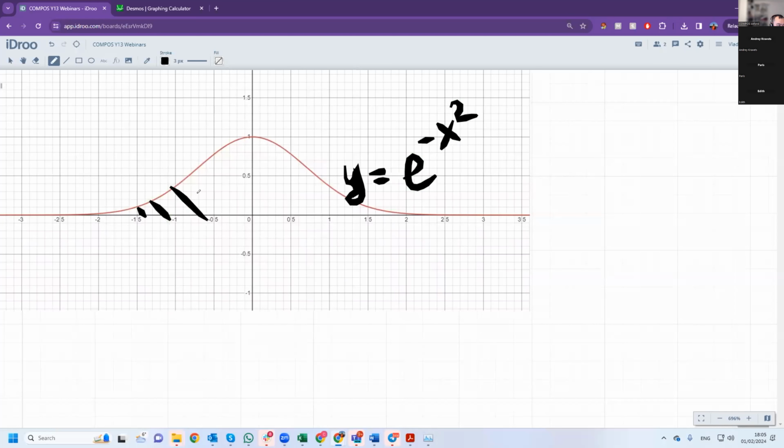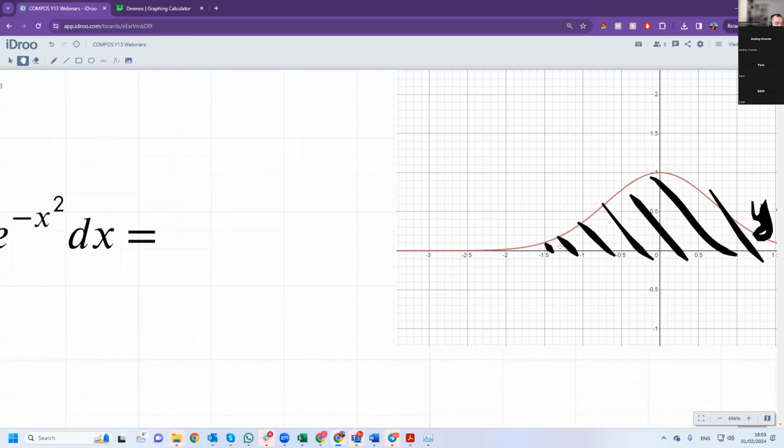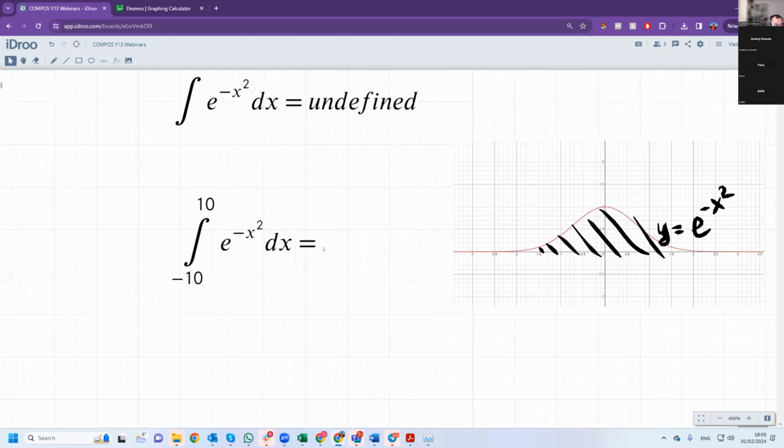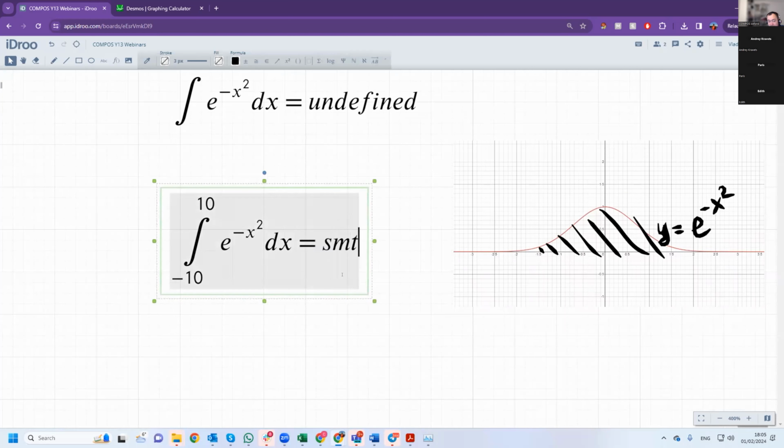It definitely has a finite area. Therefore, when I write this down, it can definitely be calculated. Something finite. And if you put it in your calculator, it will give you a result.